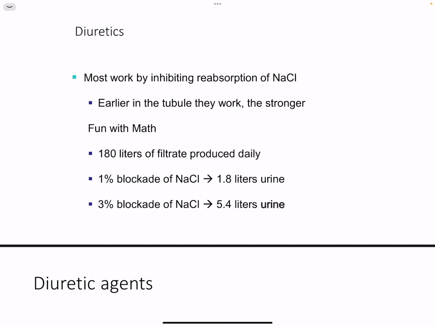So that is the urine that will be produced when the GFR is 50. So we decide the diuretics based on the GFR.